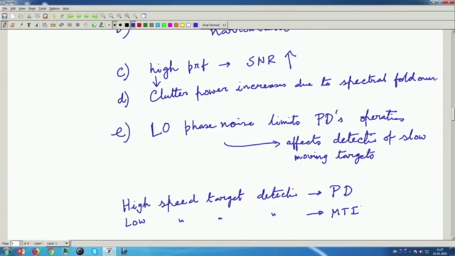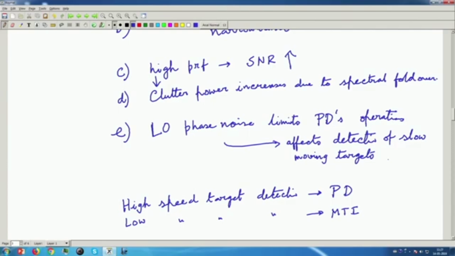Initially we said that they have ambiguity in one domain and unambiguity or certainty in the other domain. So, now you choose which is your interest. For high speed target detection, if you want to detect missiles, high speed aircraft, etc., you should have PD, and with that you do not try to detect low speed things.